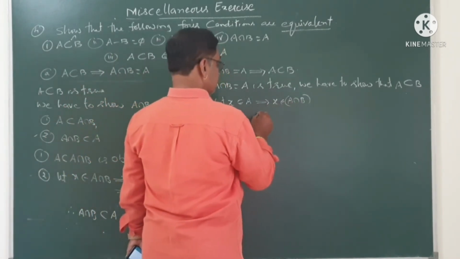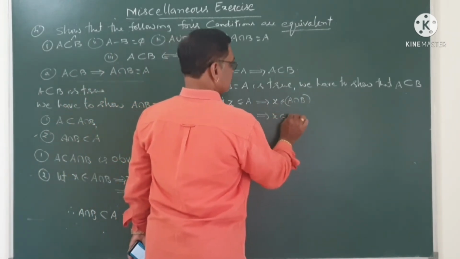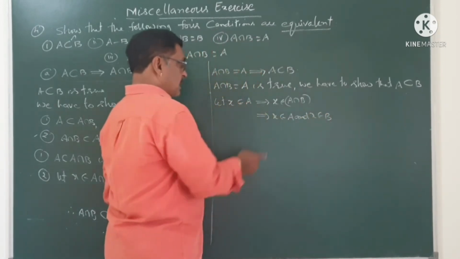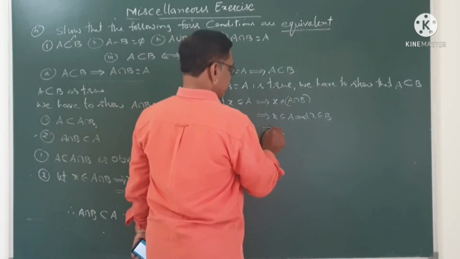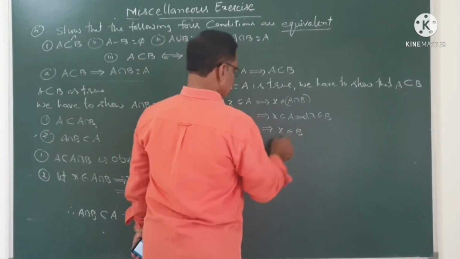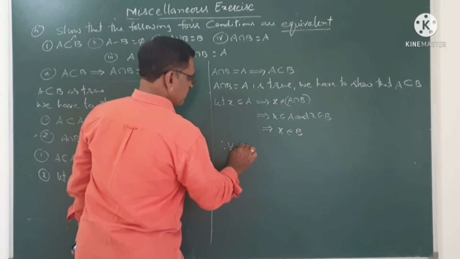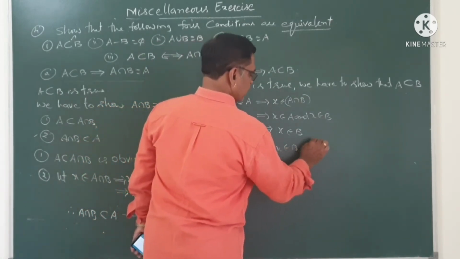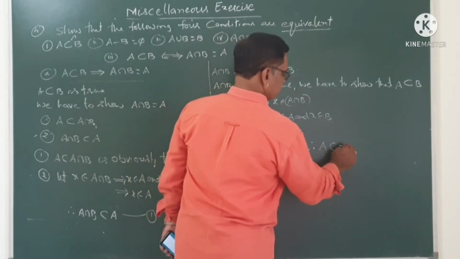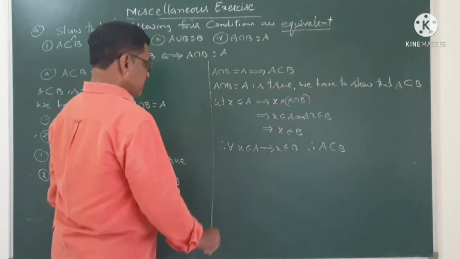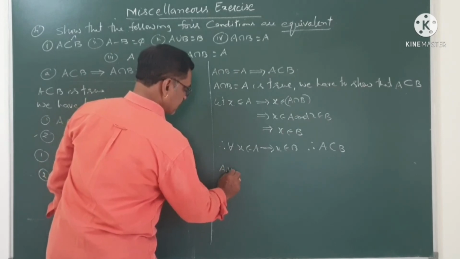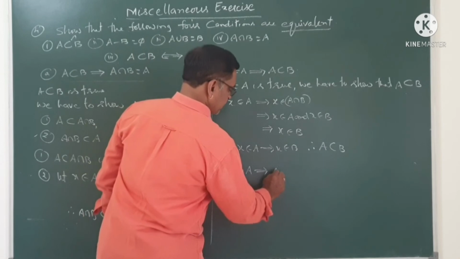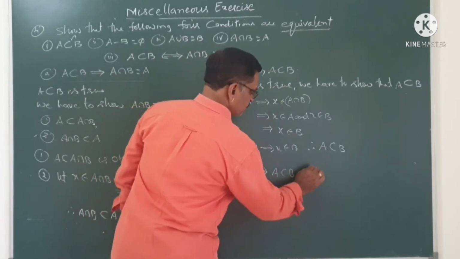When x belongs to A intersection B, this implies x belongs to A and x belongs to B. Since we have x belongs to A, this implies x belongs to B. Therefore, for all x belongs to A implies x belongs to B. Therefore, A is a subset of B. This implies A intersection B is equal to A implies A is a subset of B is true.